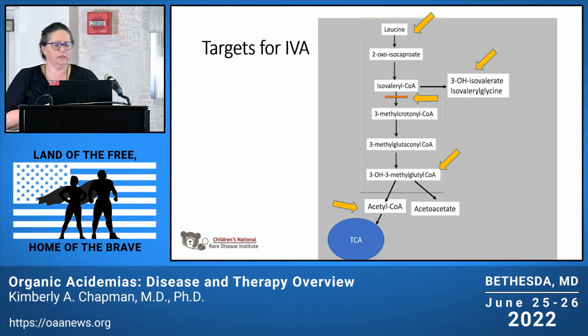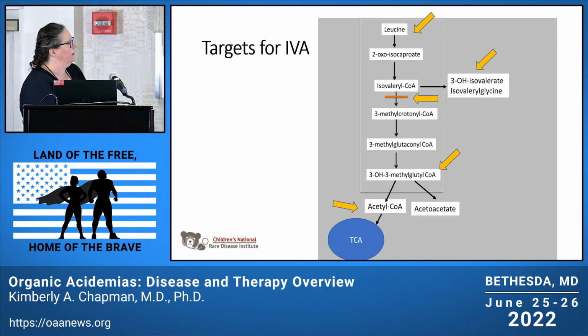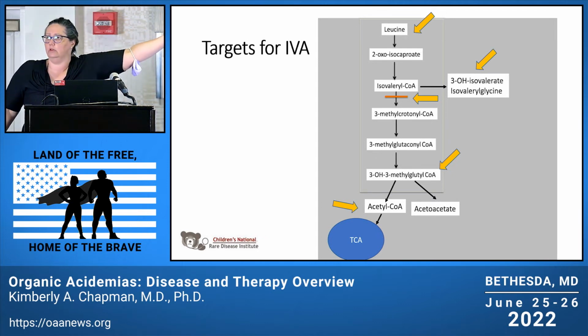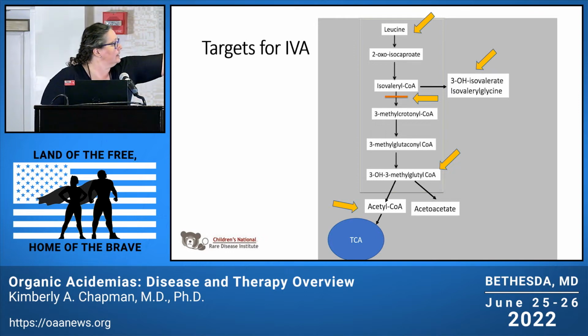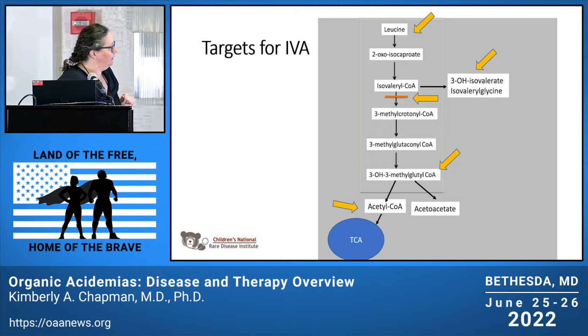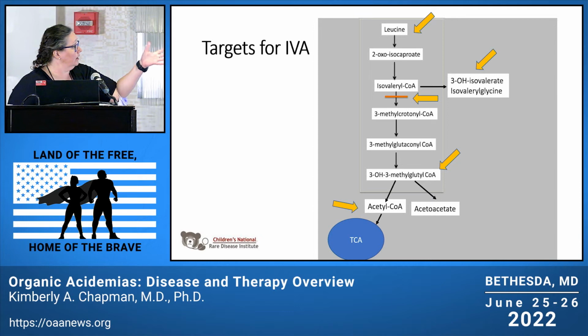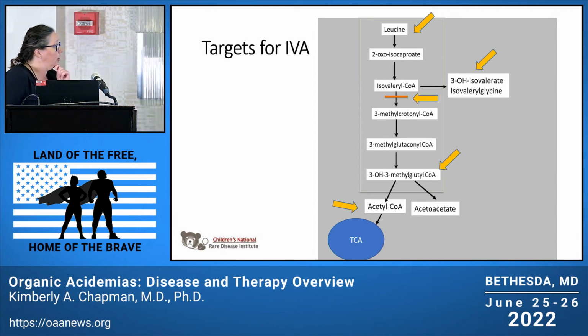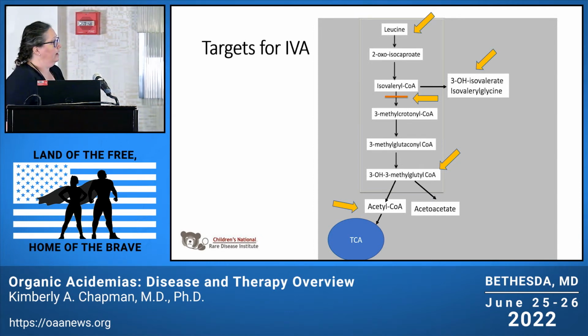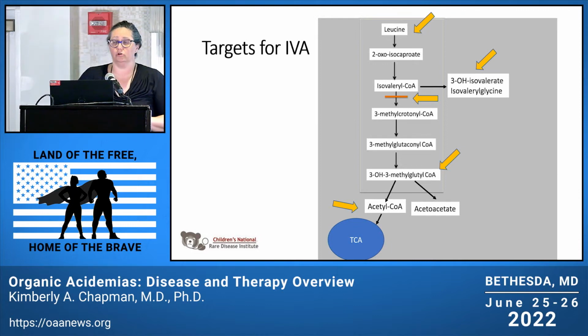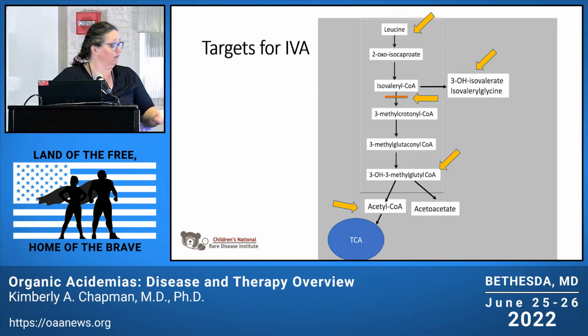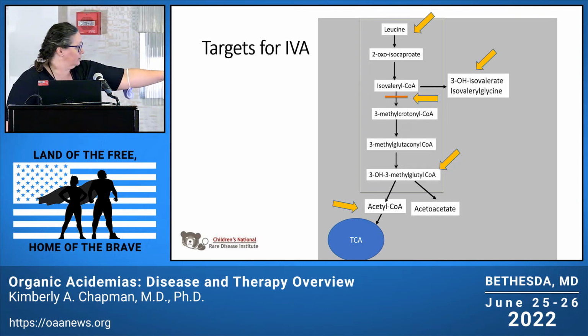So what are the targets for therapy for IVA? So we can deal with the leucine, right? We want to decrease leucine. We could scavenge the 3-hydroxyisovaleric. We could go after isovaleryl glycine. We could poke holes into the enzyme so it works better. We can replace downstream. So that's a ketone body. We could replace downstream.